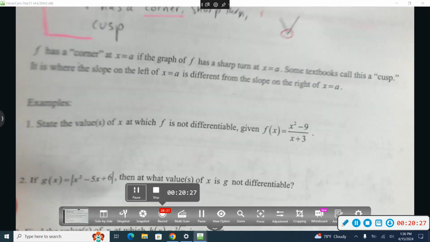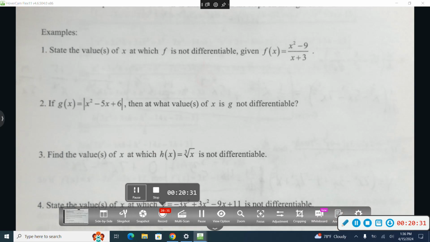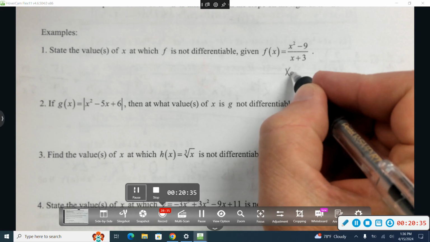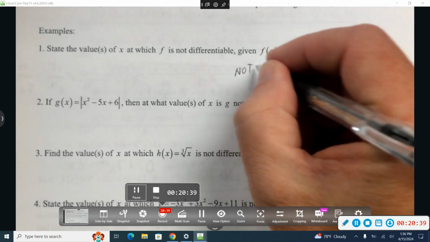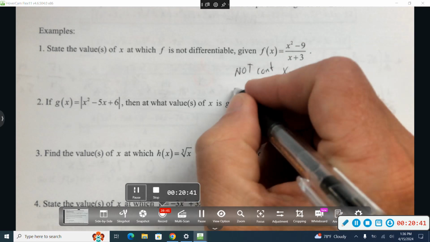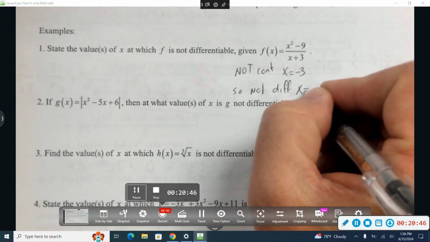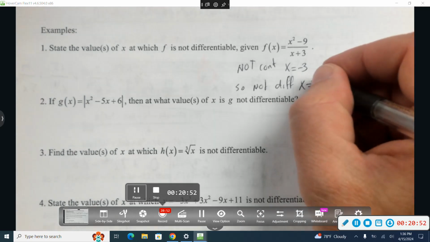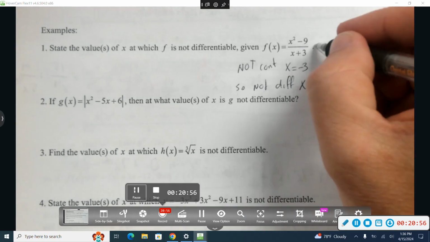Okay, some examples. State the values of x at which f is not differentiable. Well, anything that makes the bottom 0 means it's not continuous. So it's not differentiable at x equals 3. Now, if there's more going on at x equals -3, we could do some more work to figure out what's going on there.